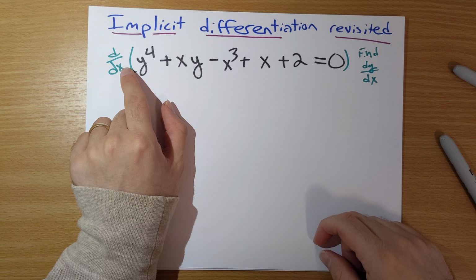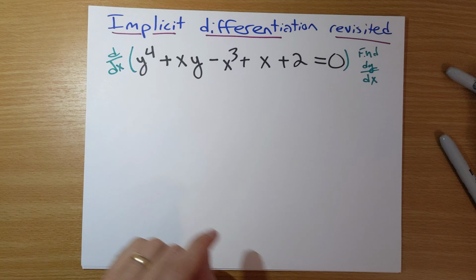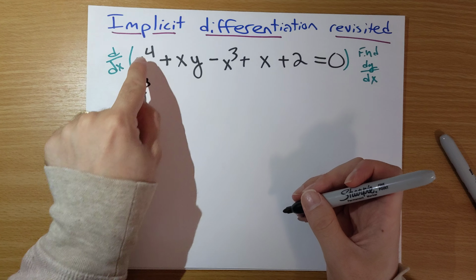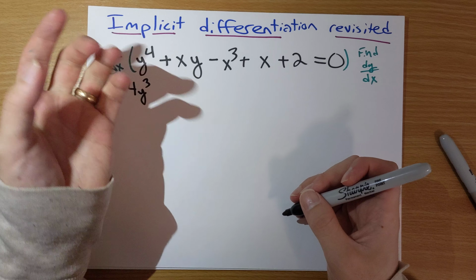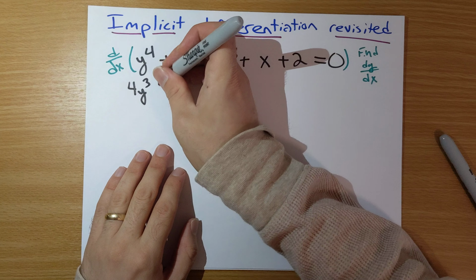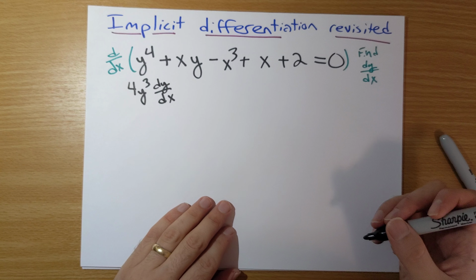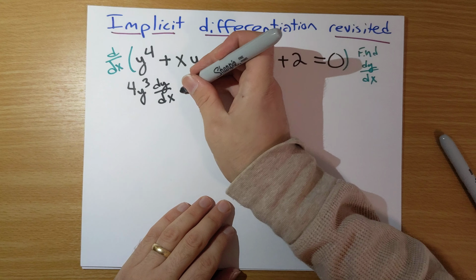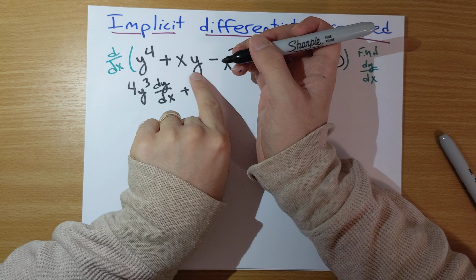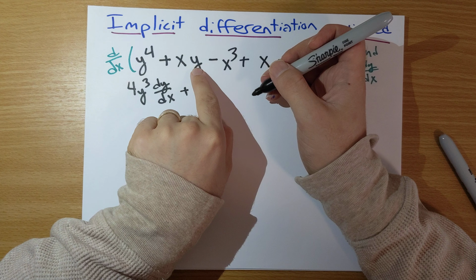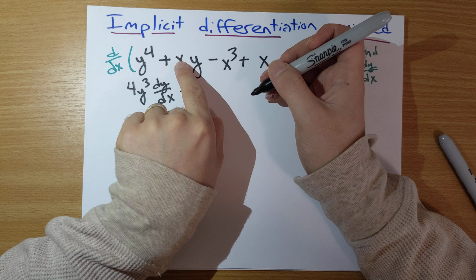The derivative with respect to x of y to the fourth would be 4y cubed, but the underlying function here is y, so we need to multiply by dy dx. Plus, product rule here: this times the derivative of this plus this times the derivative of this.